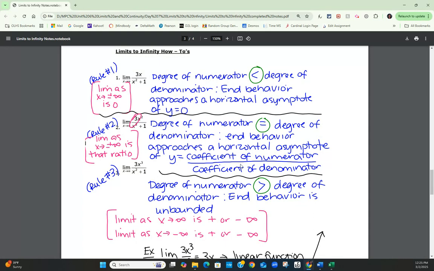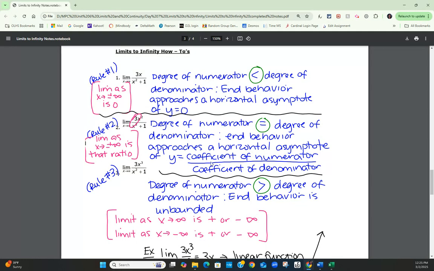Then rule 2, now the degree of the numerator is the same as the degree of the denominator. And if that's the case, you just isolate the terms that are determining the degree from the top and the degree from the bottom, and you just reduce it. So if I take 3x squared over x squared and simplify that, it just simplifies to 3.